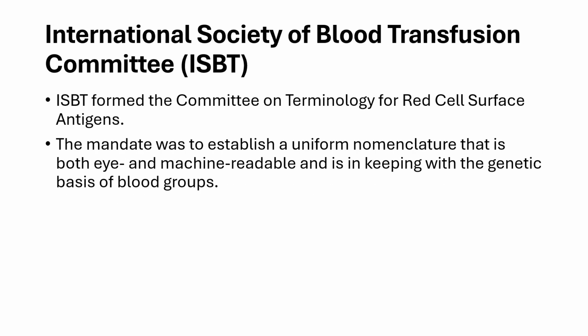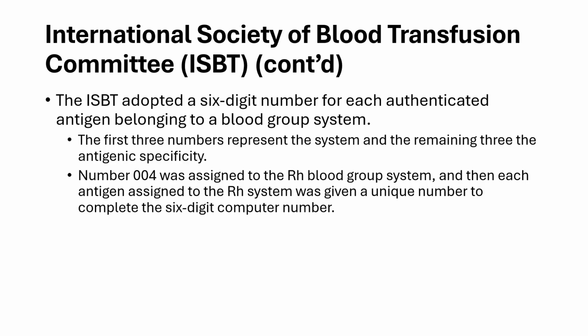The ISBT, or the International Society of Blood Transfusion, formed the Committee on Terminology for Red Cell Surface Antigens. The committee's mandate was to establish a uniform nomenclature system that would help ensure the nomenclature is machine readable and to help align nomenclature with the genetic basis of blood groups. The ISBT adopted a 6-digit number for each authenticated antigen within a blood group system.